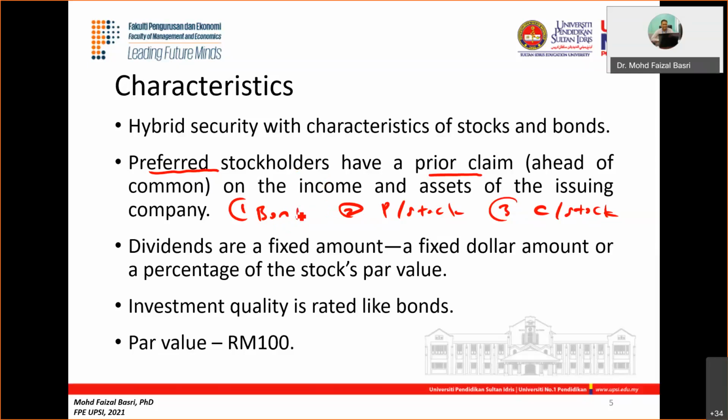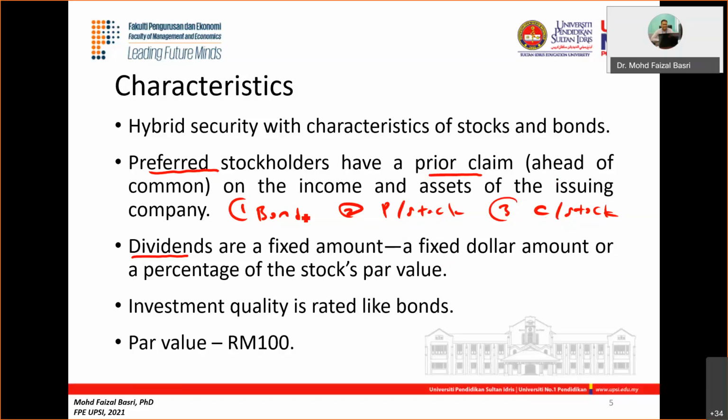Once they announce the profits, if they decide to pay dividends that year, the preferred stockholders have the priority in terms of receiving the dividends. For preferred stockholders, they will not receive interest, they will receive dividend. And lastly, if there's any leftover, then the common stockholders will receive their dividends. So common stockholders will be the last one to receive.